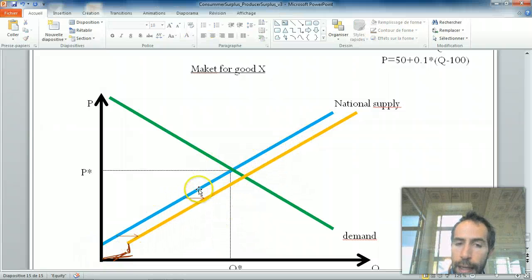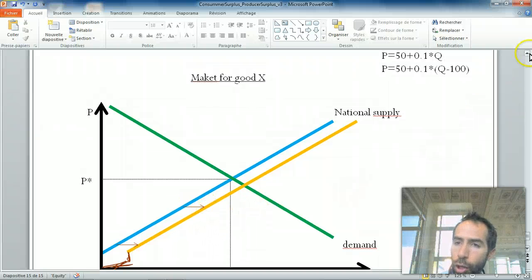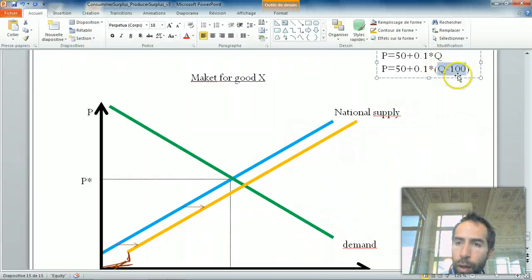So whatever the Canadians are producing, the Chinese are producing 100 bikes that they are allowed to import, not more than 100. So the initial formula was this one. Now we need to shift the curve rightward, and we will do this by doing Q minus 100. Why?